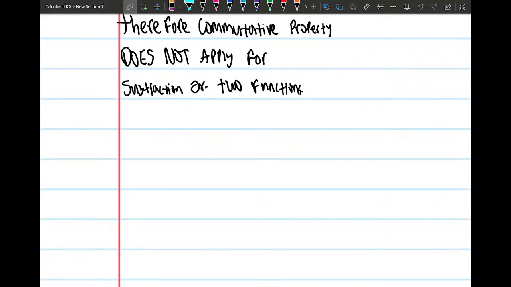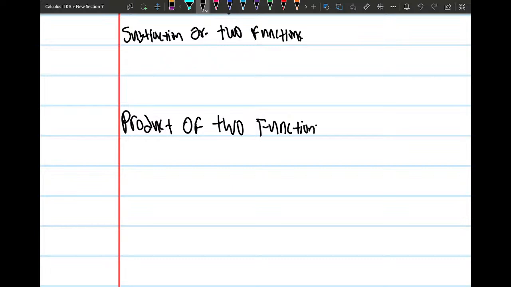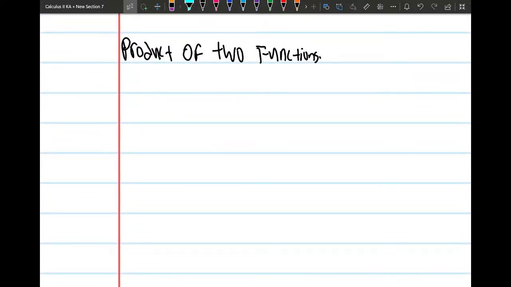So now what I want to do is go on to the product of two functions. I think it is commutative property that applies here. Give me a second, guys. Okay, yes.